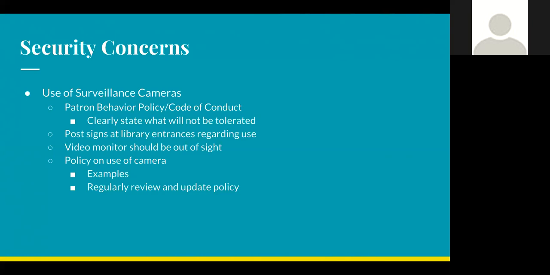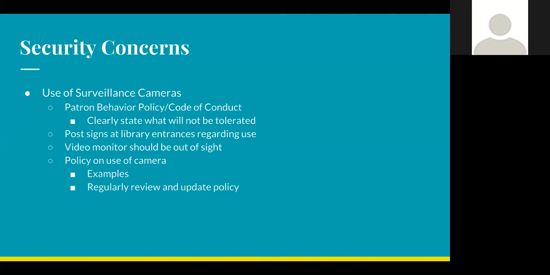Part of your policy is a library patron code of conduct, or it might be a patron behavior statement, or a customer service mission and standards. It's called a lot of things, but they all mean the same thing. Basically it says what your patrons are allowed to do or not allowed to do. If you don't have that written down somewhere, then you have no legs to stand on.